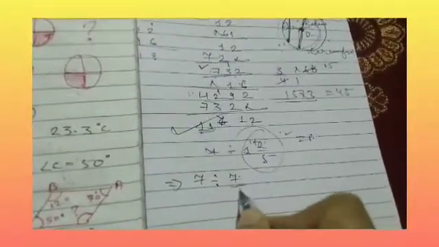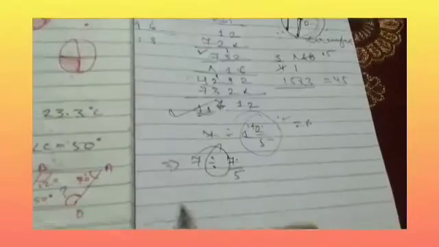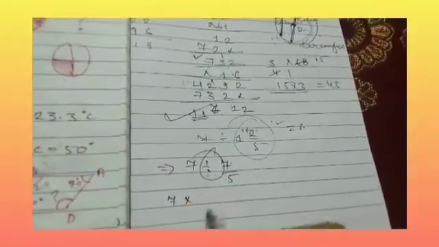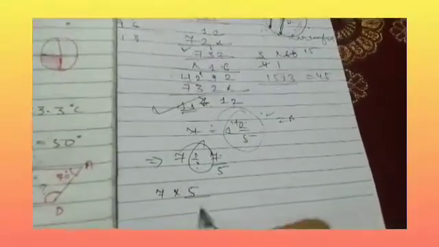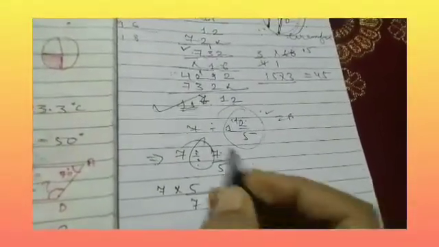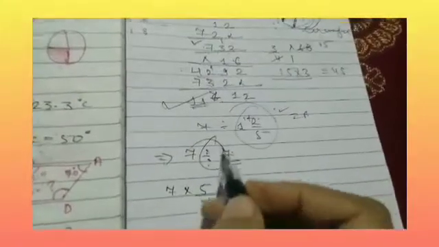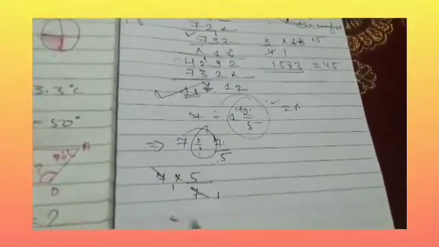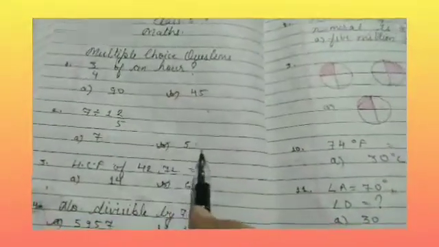So 7 by 5. Now we will change this sign, and after changing this sign the fraction becomes the opposite, means numerator becomes denominator and denominator becomes numerator. Now 5 and 7 ones are 7 and 7 ones are 7. So answer is 5. So answer is part B, 5.